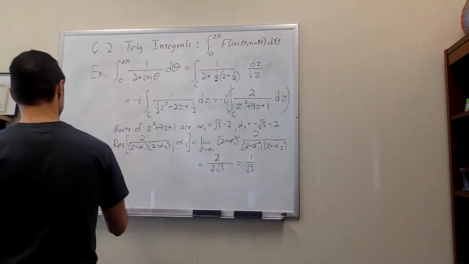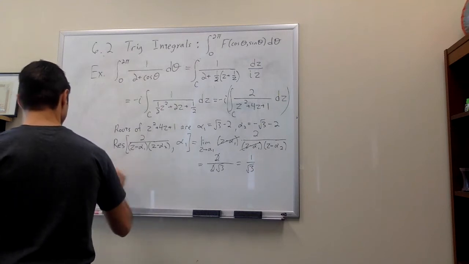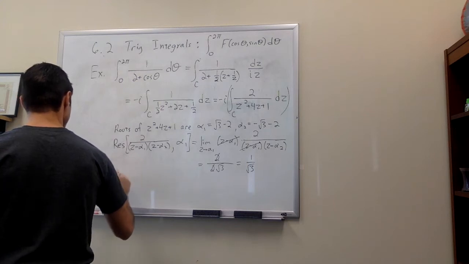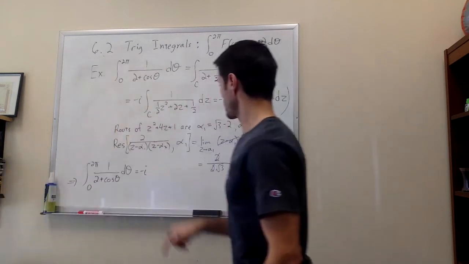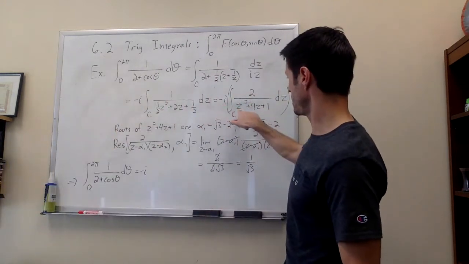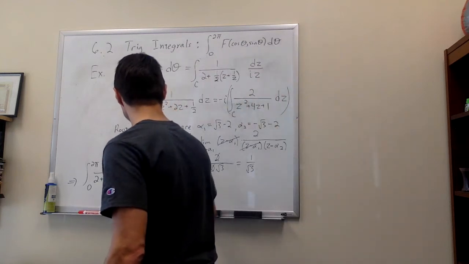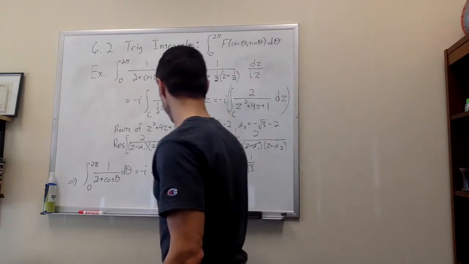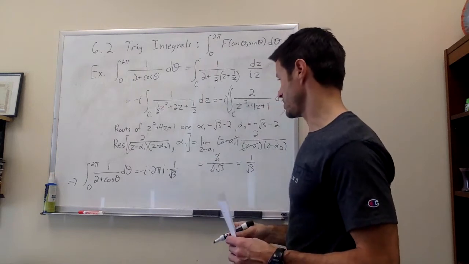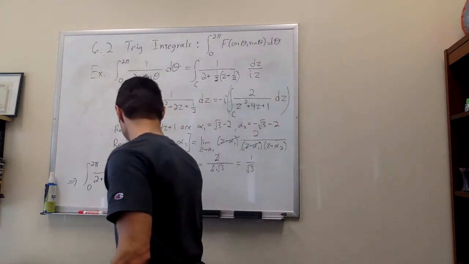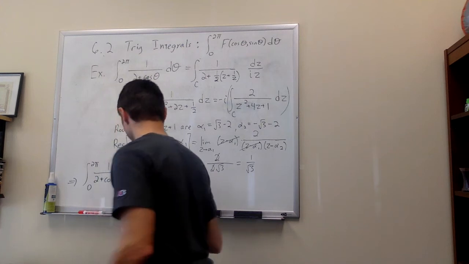This leads to the integral from 0 to 2 pi of 1 over 2 plus cosine theta d theta being equal to, first accounting for the minus i in front of our contour integral, minus i times 2 pi i, and then times 1 over root 3, which was that computation of the residue. And so this turns out to equal 2 pi over square root of 3.